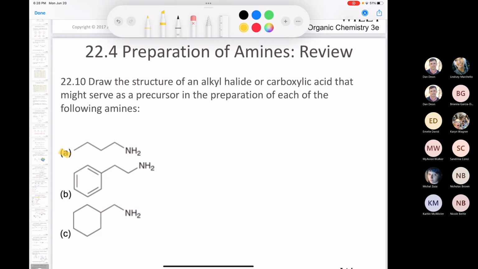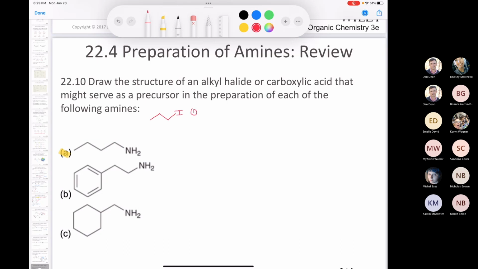If we wanted to use an alkyl halide, then we would use sodium cyanide. But sodium cyanide means we're going to add this carbon to the molecule, so you would only need a propyl group. To use a cyanide, you would just use propyl iodide, bromide, or chloride.